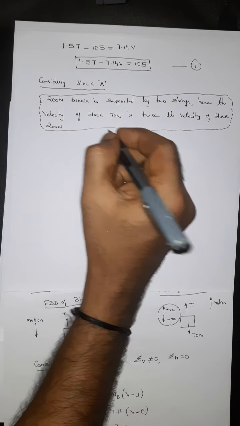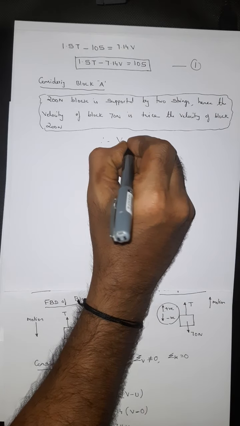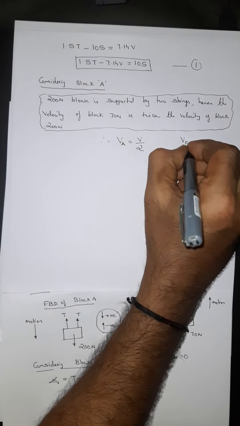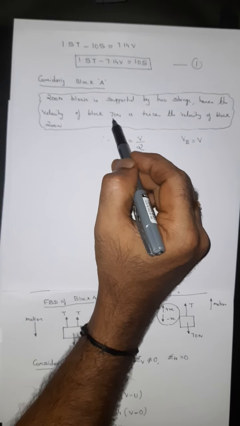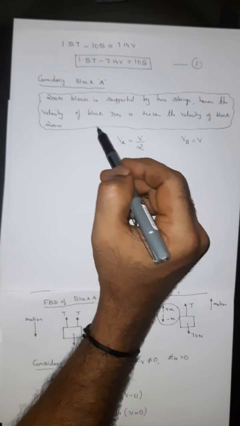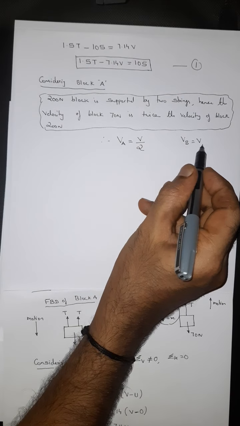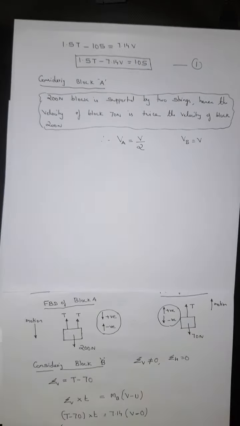Therefore VA equal to V by 2, VB equal to V. So if VB is equal to 1, then VA should be 1 by 2, that is 0.5, right? So this is how I consider it.